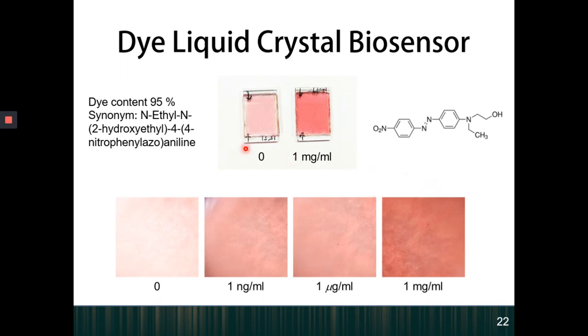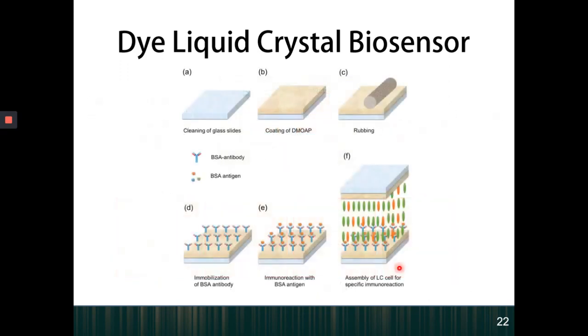Okay, we can observe the dye contents here, and this is the chemical structure here, and this is 0 microgram per milliliter and this is 1 microgram per milliliter PSA concentration. You can observe that if you increase your concentration, your color will increase here, and that is the cross-flow view of the dye liquid crystal biosensors.